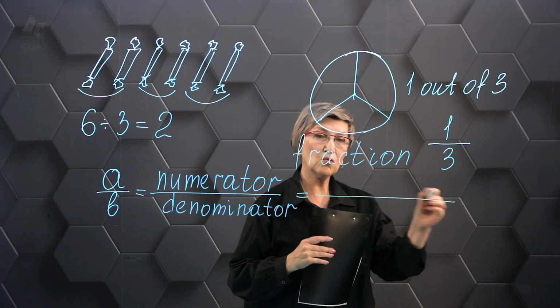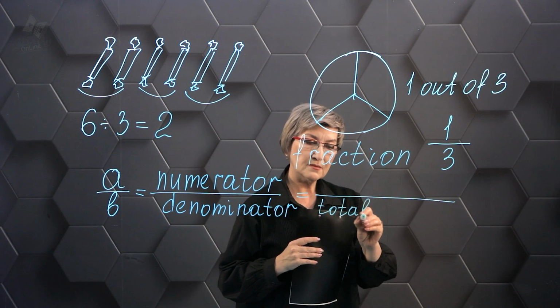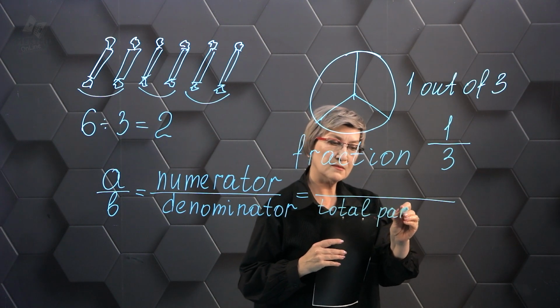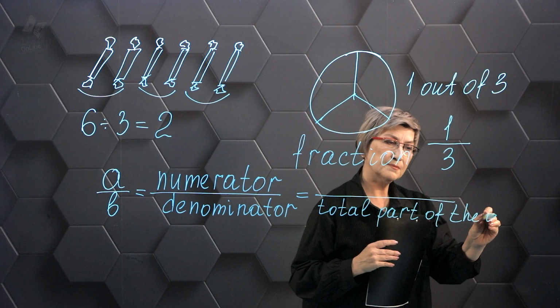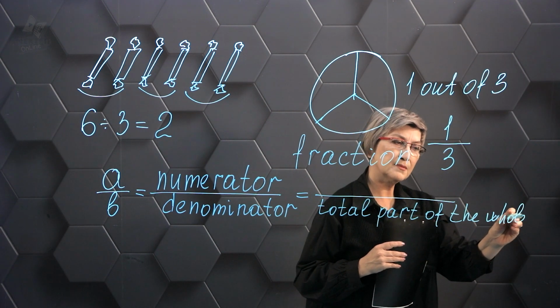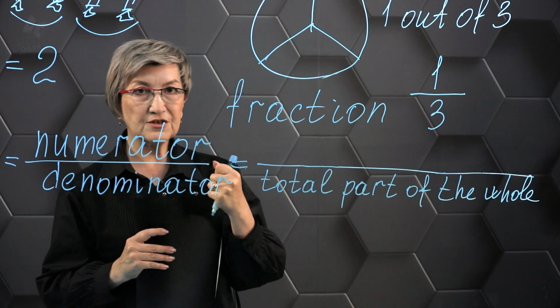The denominator represents the total number of parts. And the numerator represents the number of pieces we took.